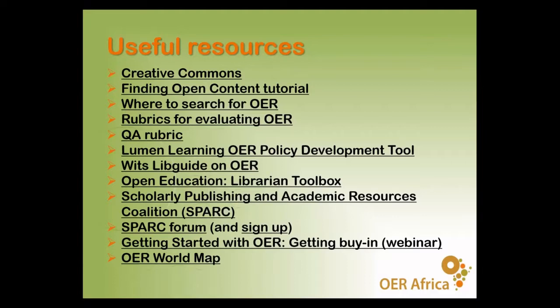So the first thing to do is to find out what kinds of IP policies your institution has. And then Kirsty's given you some information about OER policy. Tony and I provided information 2 weeks ago on open access policy. And you'll find that the policies for both OER and open access share many features.